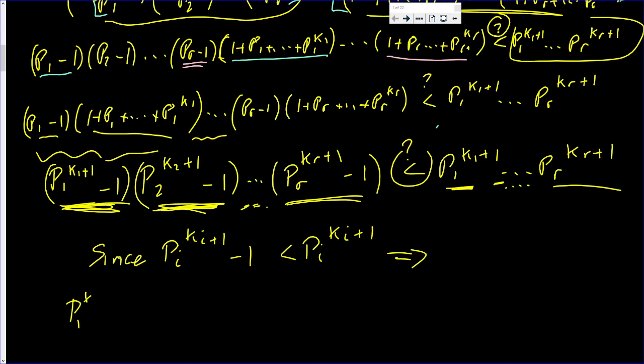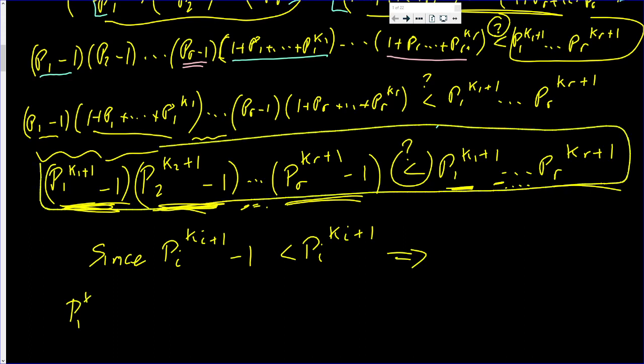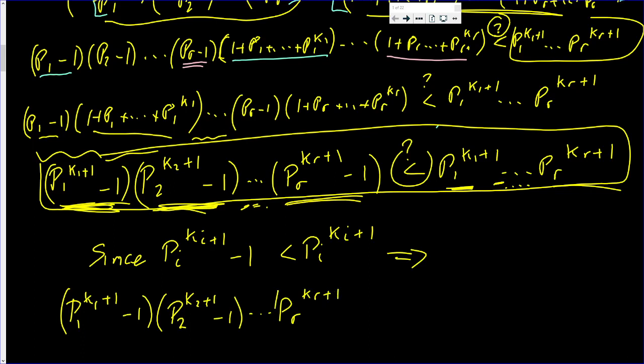P1, so I'm just going to recopy this. Just going to recopy this. P1 to the k1 plus 1 minus 1 times p2 to the k2 plus 1 minus 1 dot dot dot to pr to the k sub r plus 1 minus 1.